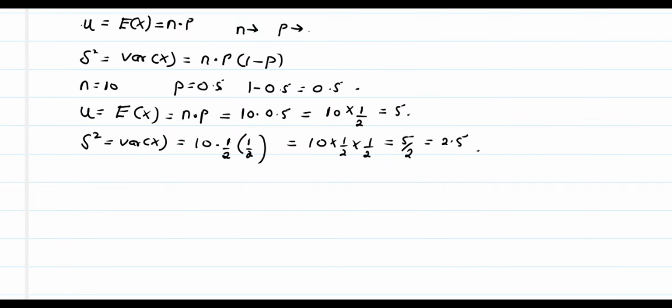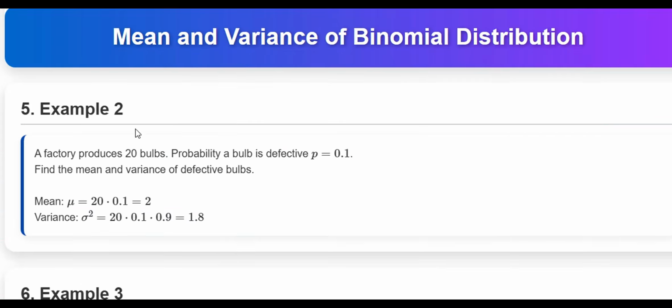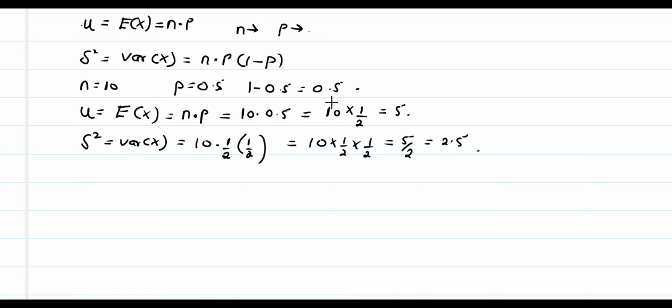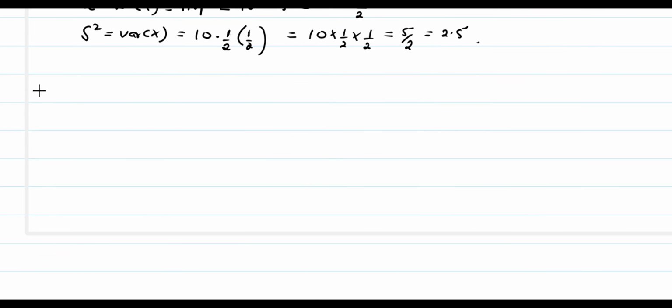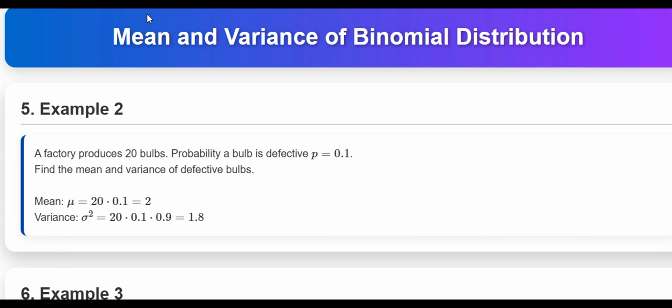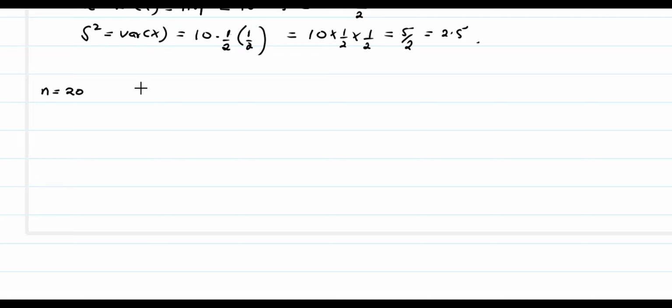Can we try another example? In this question, we are told a factory produces 20 bulbs, and the probability of a bulb being defective is 0.1. So we already know n is 20, and the probability of success, p, is 0.1.